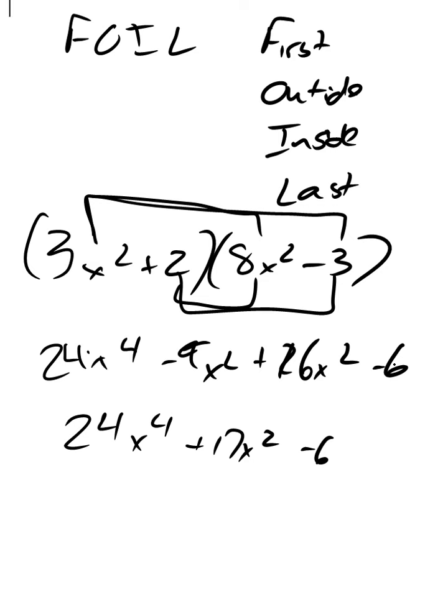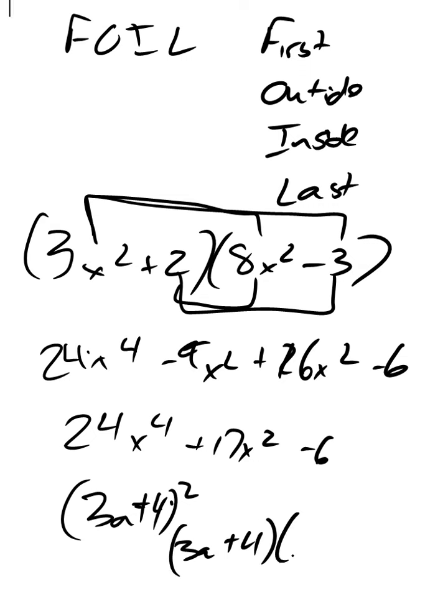The other thing we'll talk about is if you have a binomial squared. So if we had 3a plus 4, all squared, that would be 3a plus 4 times 3a plus 4.